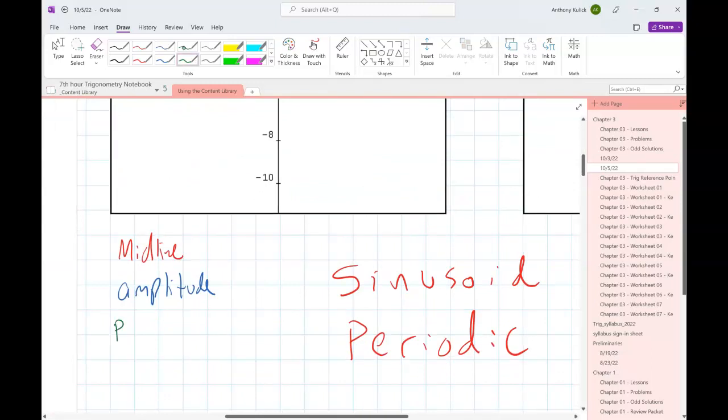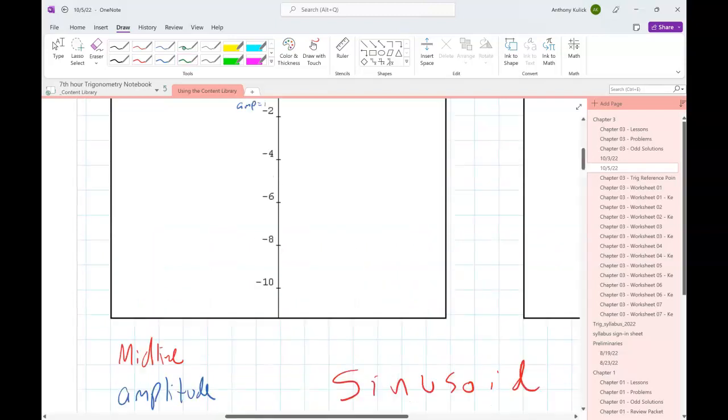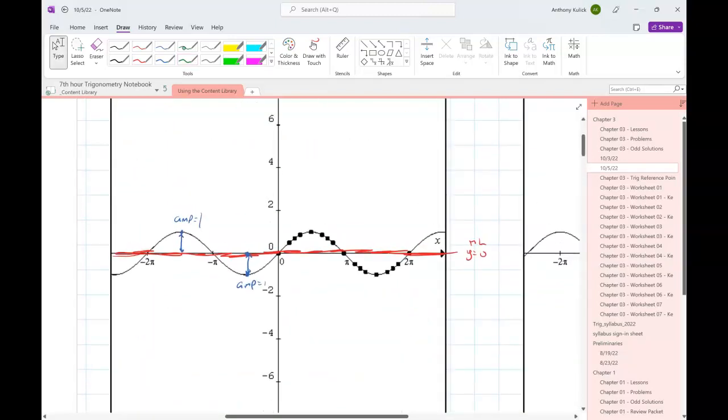Okay. The next piece is the period. The period is the length of the longest non-repeating segment, like the horizontal length. So let's say we start here. If I do that much, that is 1 period.